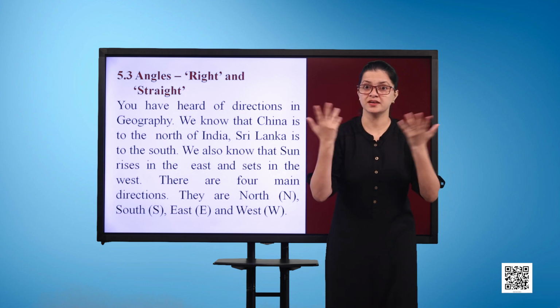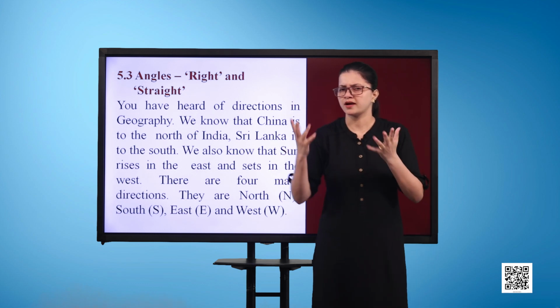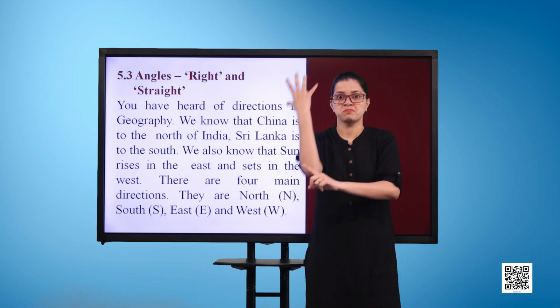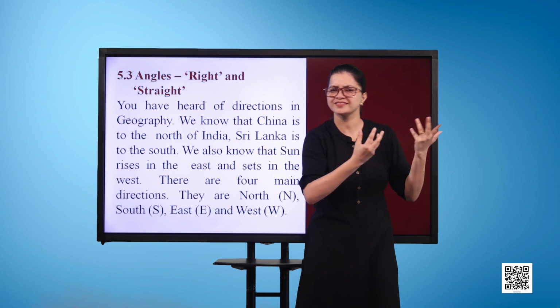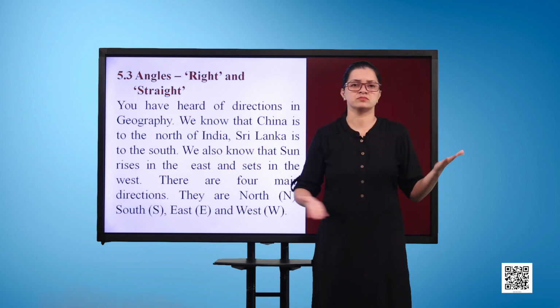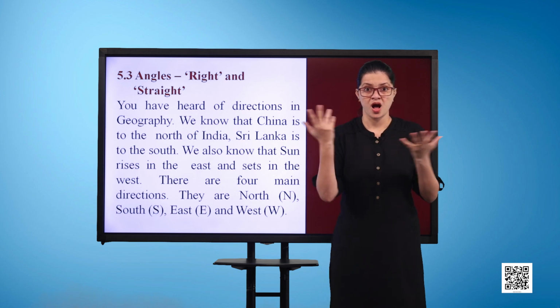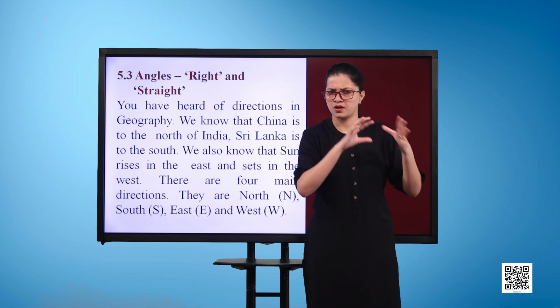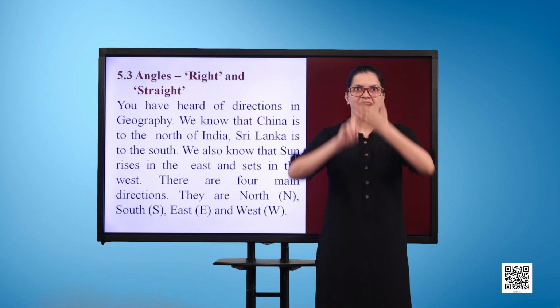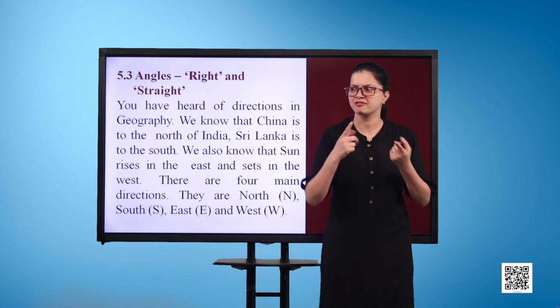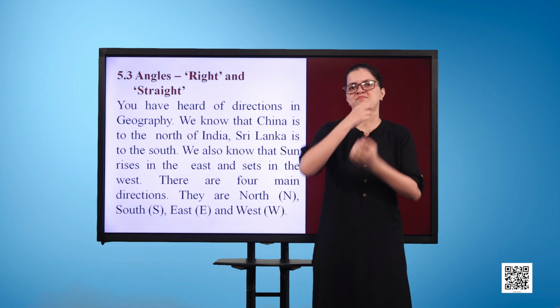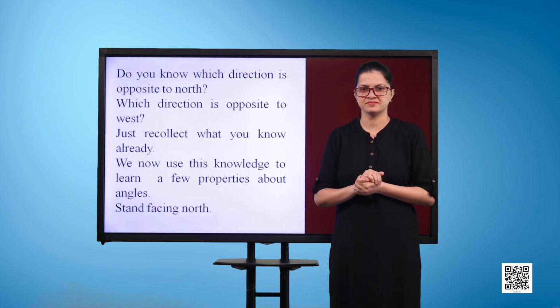We also know that the sun rises in the east and sets in the west. There are 4 main directions. They are north, N, south, S, east, E, and west, W.